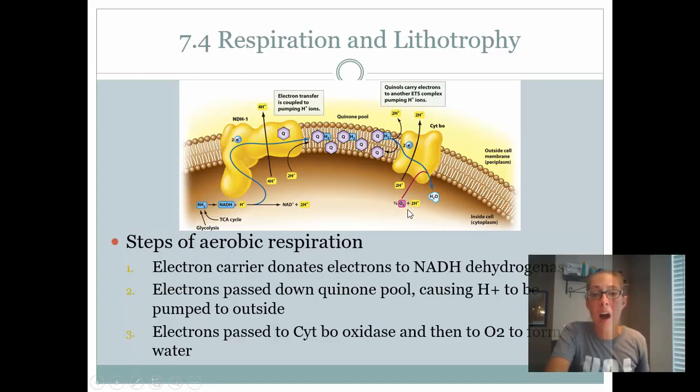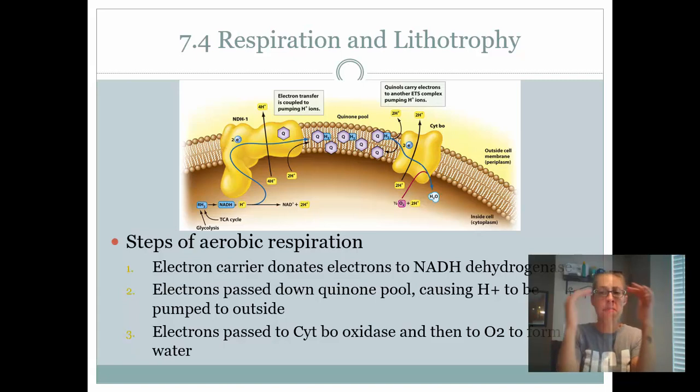If you don't have oxygen here to transfer your electrons to, that whole electron transport chain shuts down. So we need that oxygen there so that we can transfer those electrons and pick up some hydrogen to form water. As long as we've got oxygen and we can have those electrons passed down, we are going to pump lots and lots of hydrogen ions outside of the cell.